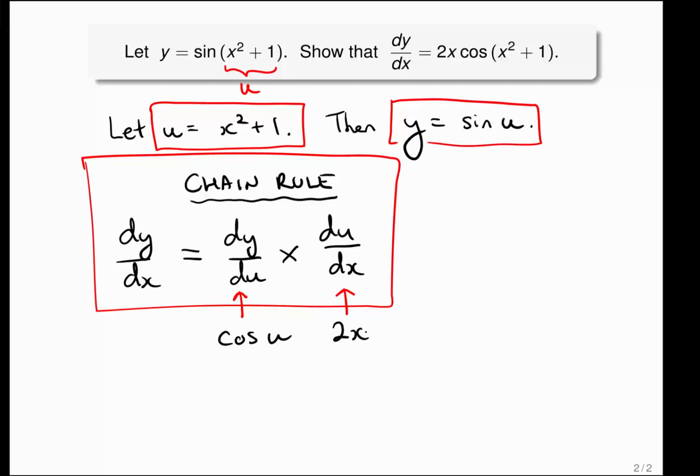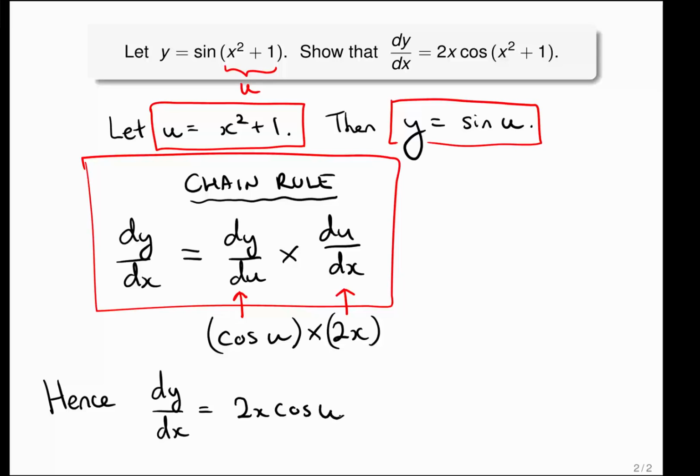The chain rule tells us that the derivative we want, dy/dx, is just these two smaller derivatives multiplied together, which is therefore just 2x times cosine of u. And since we're differentiating with respect to x, our final answer must only contain the variable x.